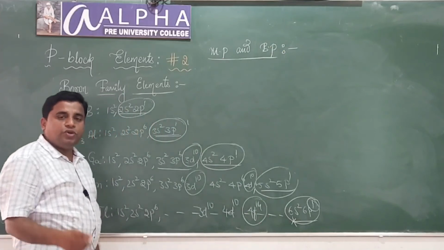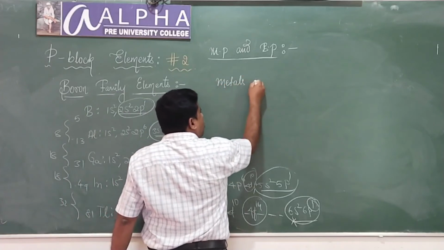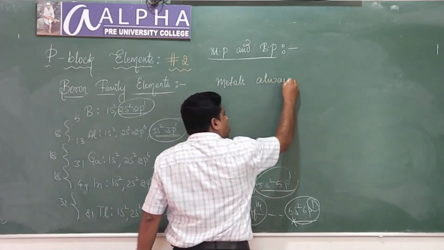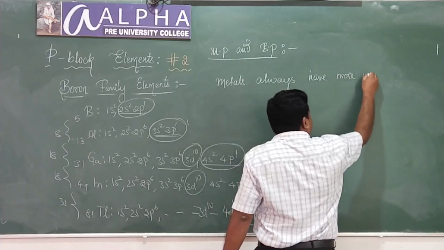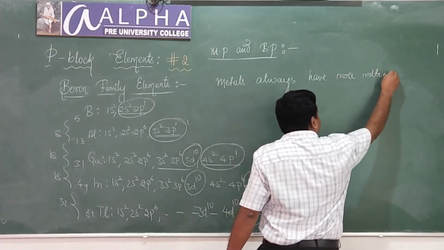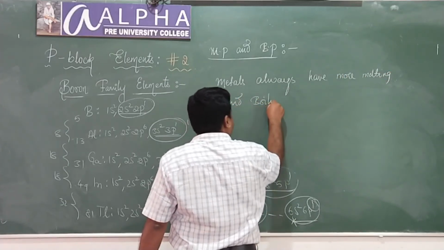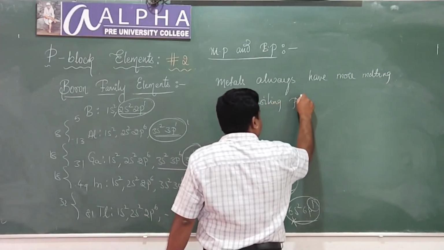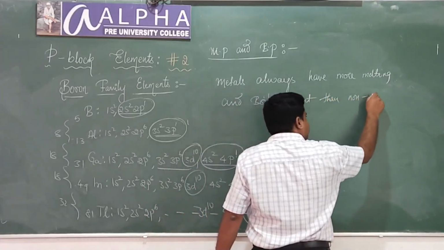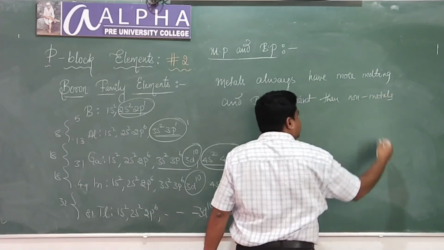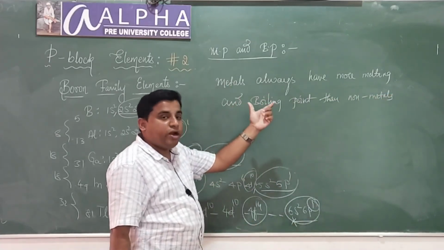We know metals always have more melting and boiling points than non-metals, isn't it? Correct? Always, metals should have more melting and boiling points than non-metals.